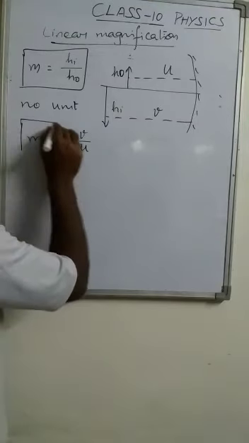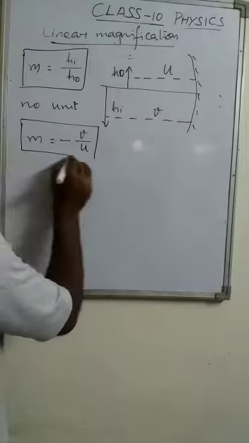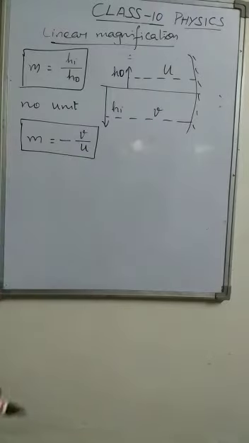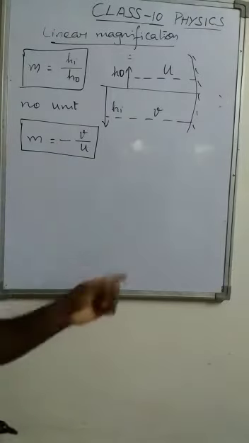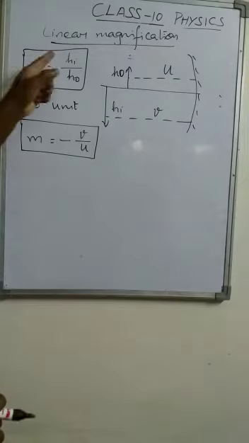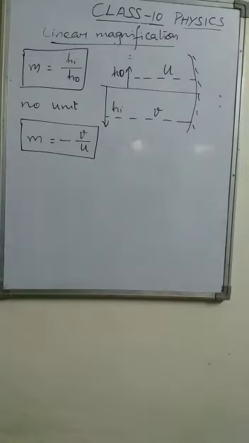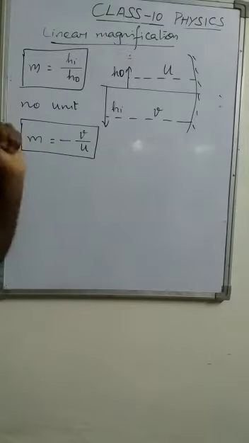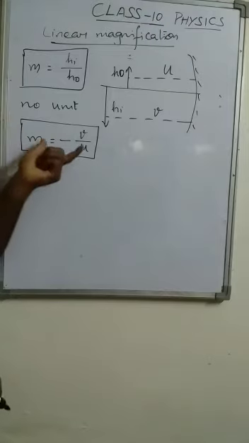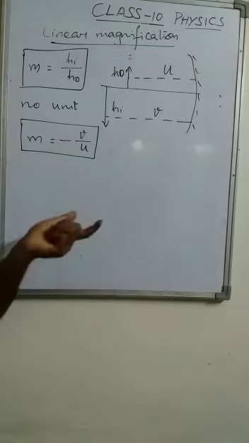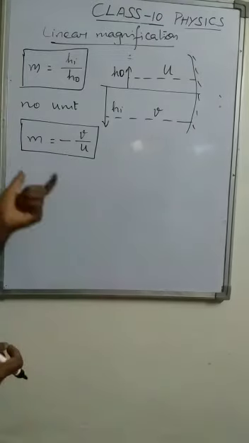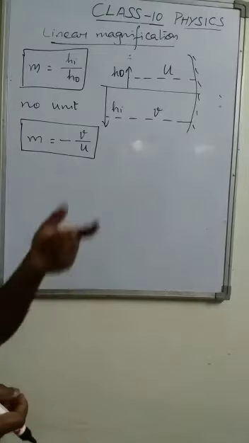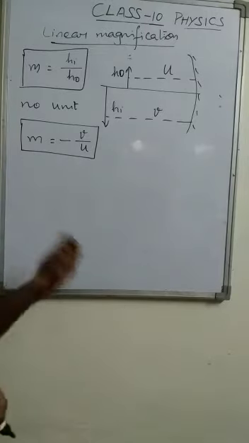So m equals minus v upon u. While using this formula, again we have to use the sign convention. From the sign convention, we can find out whether the linear magnification is positive or negative.